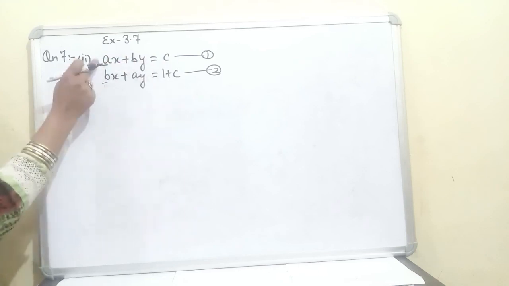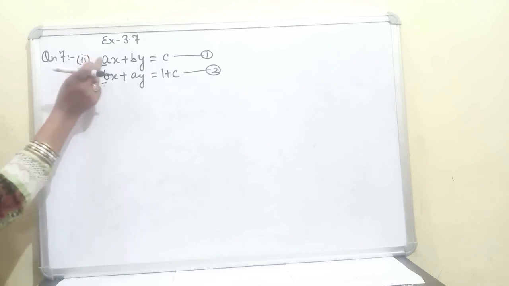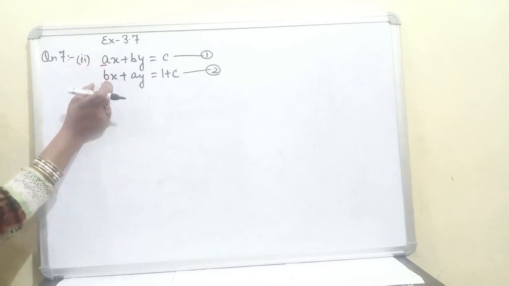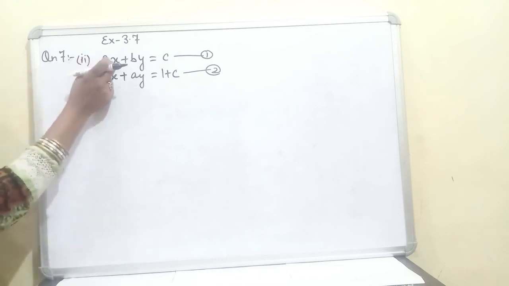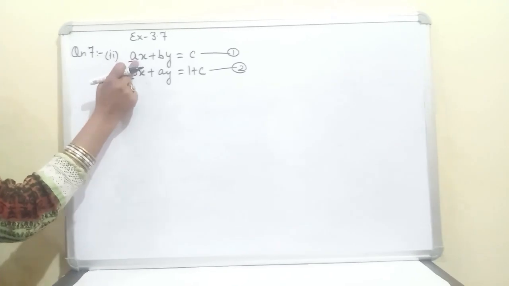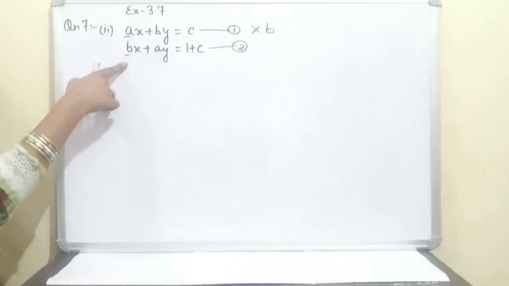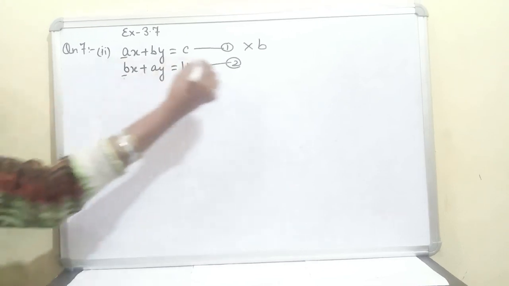I'm going to eliminate the x variable here, and for that I want to make these coefficients equal. How will it be possible? If I multiply equation 1 by b and equation 2 by a.